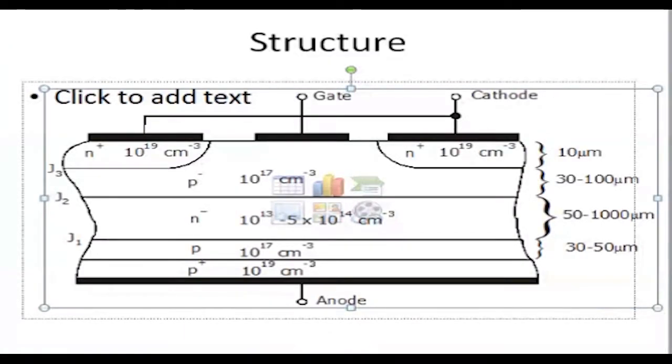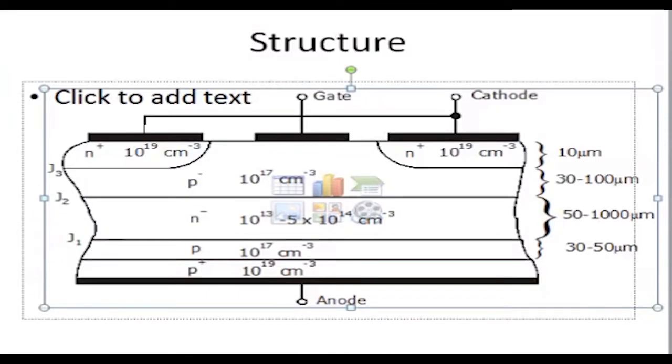Now see the doping levels. 10 power 19 per cubic meter is the doping level. It is for N2. In the case of P1 and P2, 10 power 17.